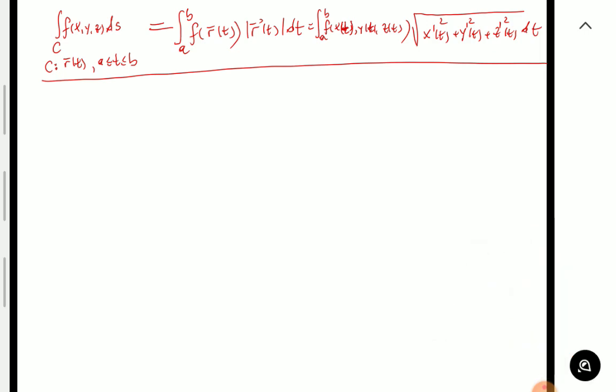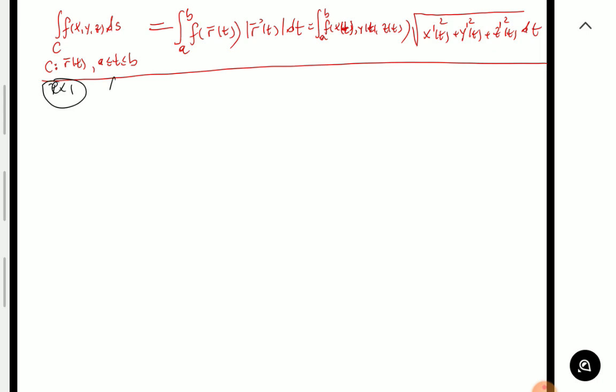Okay, so let's get straight to the example. Go slow, especially when you set up. Sometimes it takes a while because often the parameterization is not given, so you have to come up with it yourself. So let's start with a two-dimensional example.